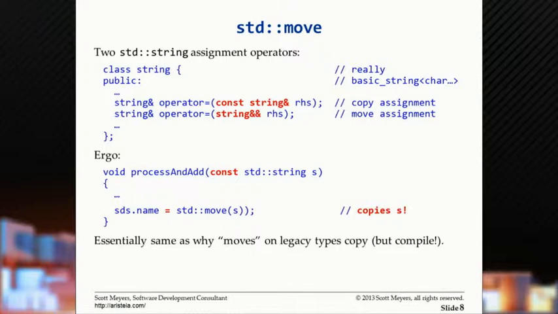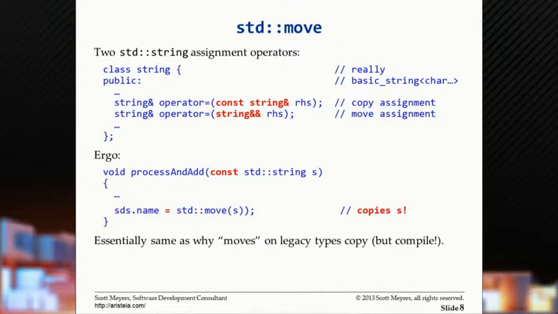Now, you can't move this thing. In 1997, it didn't have move operations. It's because you cast it to an R value, and then the overloaded assignment operator or copy operator, whichever you happen to be looking at, is not going to have a corresponding move operation, and therefore the R value, which is the result of calling move, is simply going to get bound to the copy operation, which is why requests to move objects that don't know how to be moved decay into copy operations for backward compatibility.